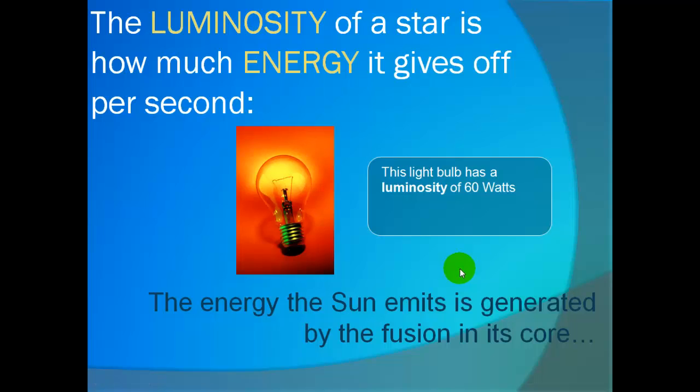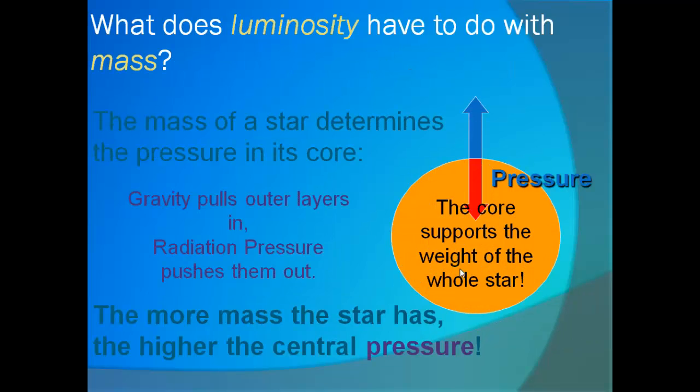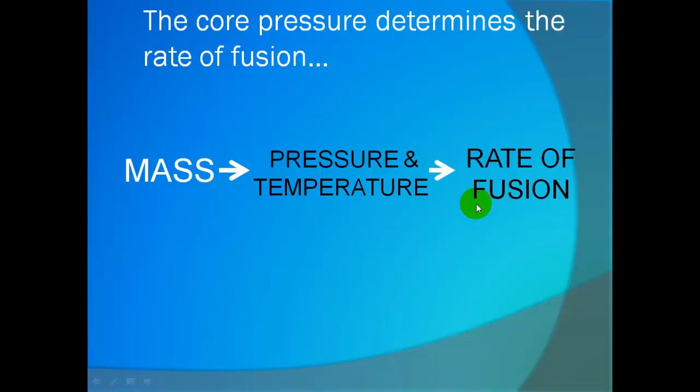So what does the luminosity have to do with the mass? Well, the mass of the star determines the pressure. The larger the mass, the greater the pressure. If there's a large pressure, you can have a much higher temperature. And if the pressure and the temperature are higher, the rate of fusion is going to be higher as well.